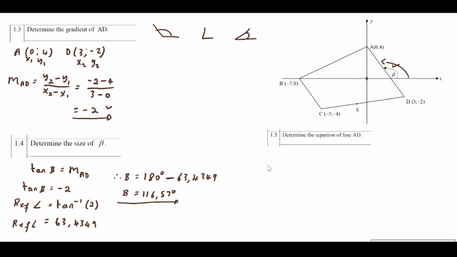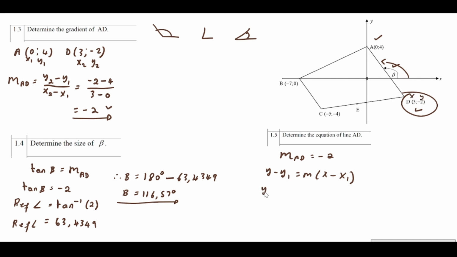All right. So 1.5, it says determine the equation of the line AD. Already we have the gradient. The gradient of AD is equal to -2. Then you can take either of the 2 points to help you determine the equation of the straight line. So y minus y1 equals m into x minus x1. I'm just going to take these ones here, where this is my x and this is my y.